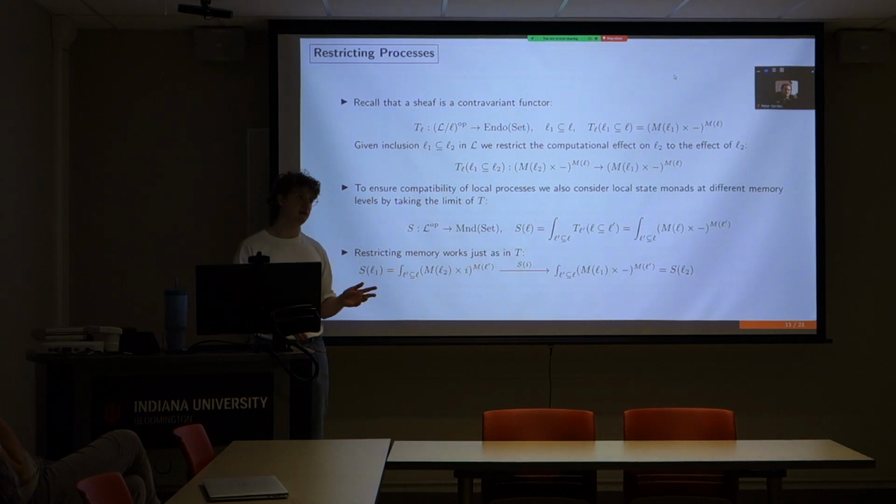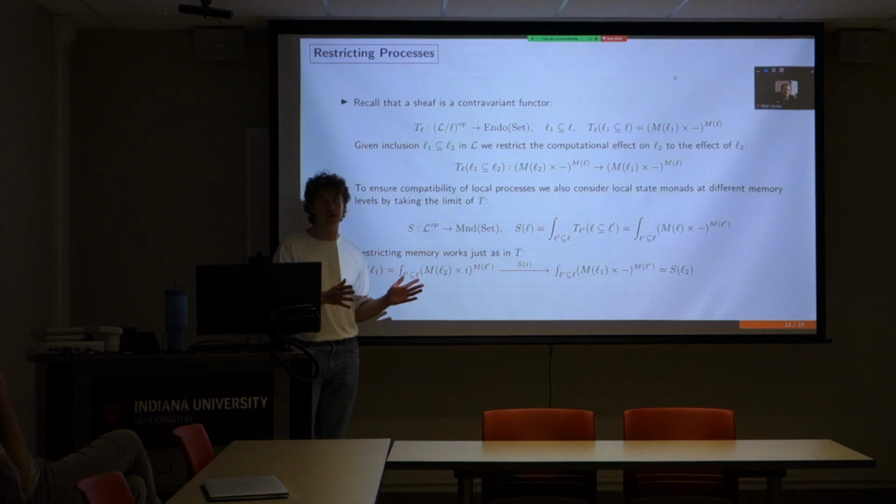Now the programmatic effect only operates on a smaller part of the memory if you restrict it. And the second way, the programmatic effect still operates on the entirety of the memory, but we can only look at a local region of the memory to see what has happened in the programmatic effect.